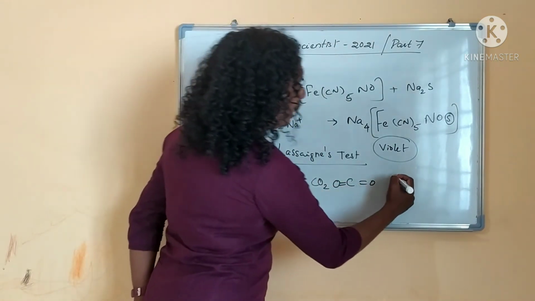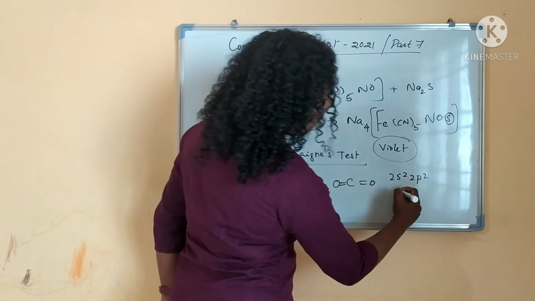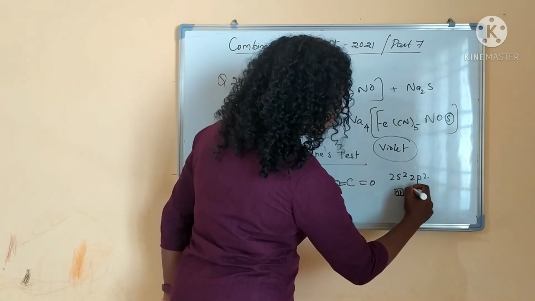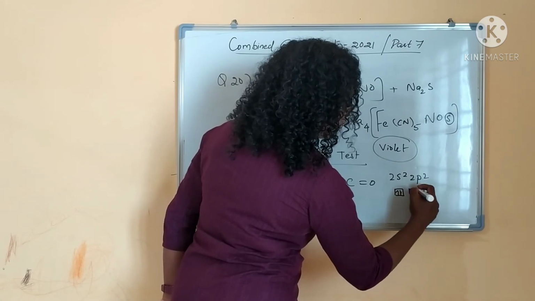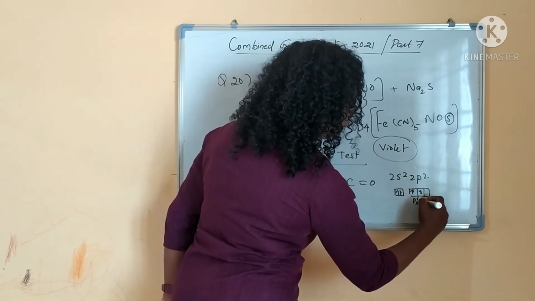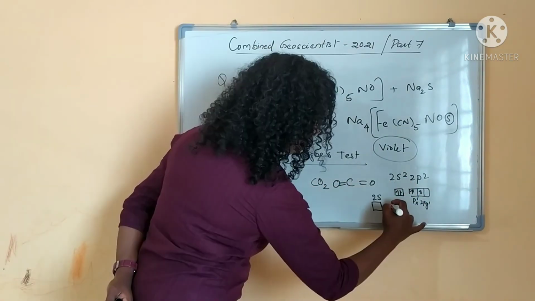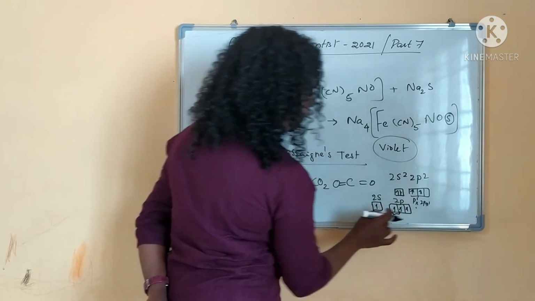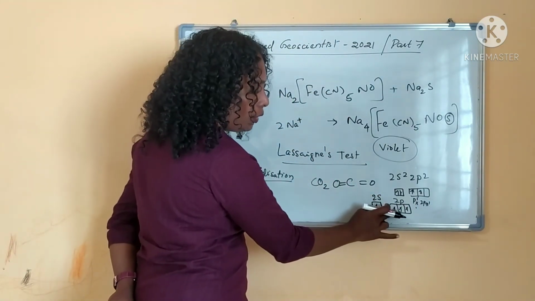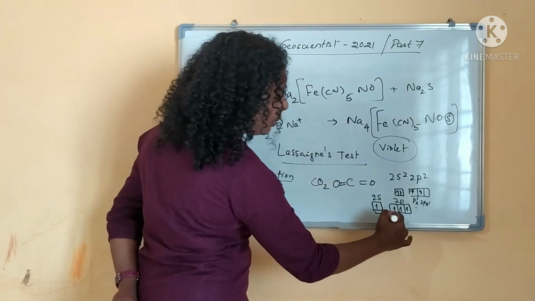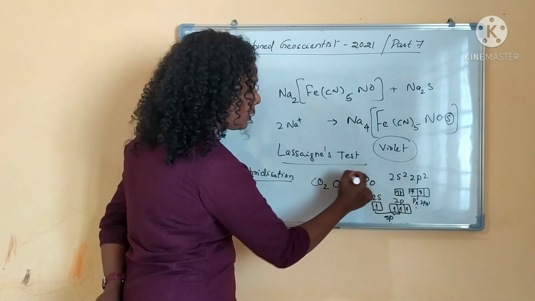For CO2, what is the outer electronic configuration of carbon? 2s2 2p2, right? That will be 2s1, 2px1, 2py1, 2pz1. This is the electronic configuration of carbon in the excited state. The s and p orbitals will be included in hybridization, and the other two electrons will represent the pi bonding.